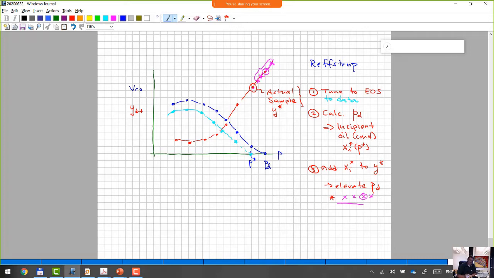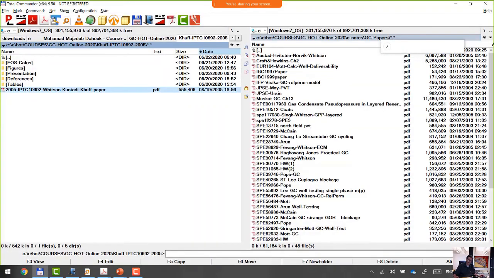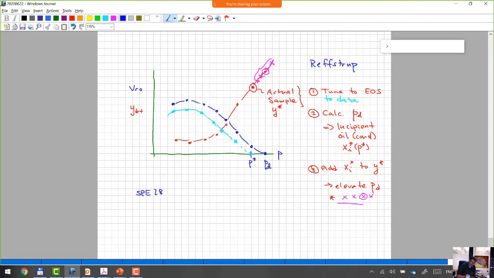And why? You can look at this paper, 122, I can't remember the name of it. 28829. It also talks about this extrapolation and doing the same kind of thing.